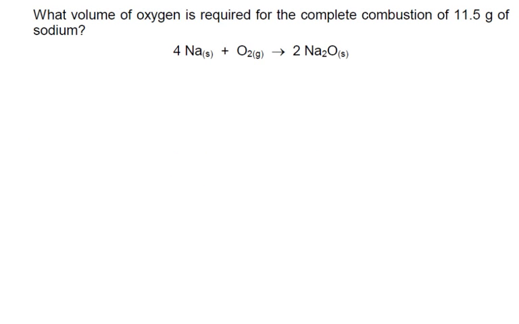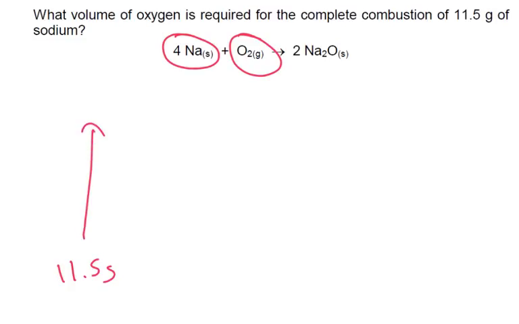What volume of oxygen is required for the complete combustion of 11.5 grams of sodium? Okay, so they've given us sodium here. We're going to try and find out the volume of oxygen. So they've given us a mass, 11.5 grams. We want to go up to moles, so we're going to firstly divide by the molar mass, which is 23, and we get 0.5 moles.